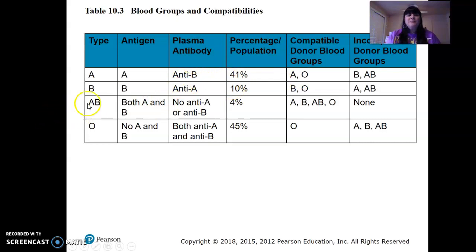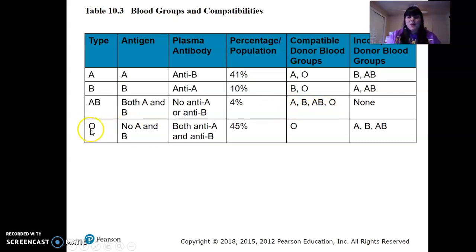A person with blood type B makes anti-A, only 10% of the population. They can get blood from B or O. A person with blood type AB has both protein markers, A and B, so they don't make the antibodies for A or B. Rare, 4%. They can get blood from anybody, from A, B, AB, or O.